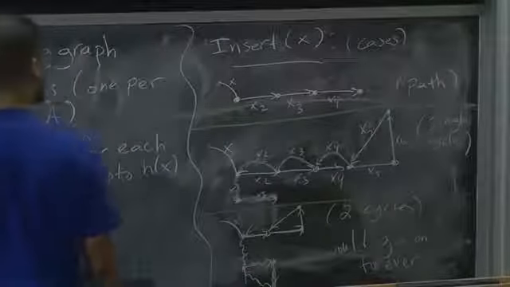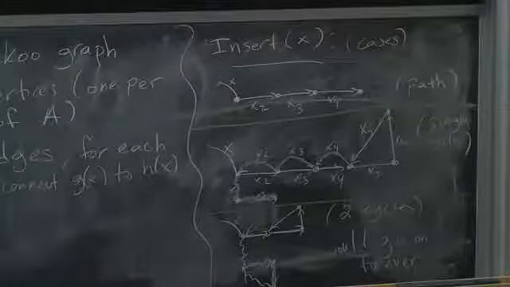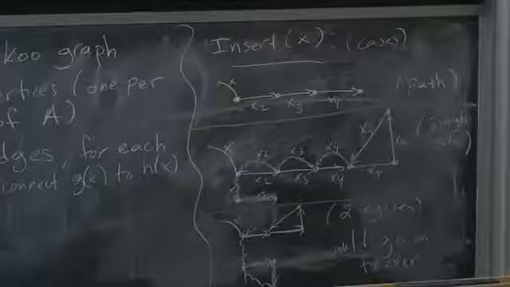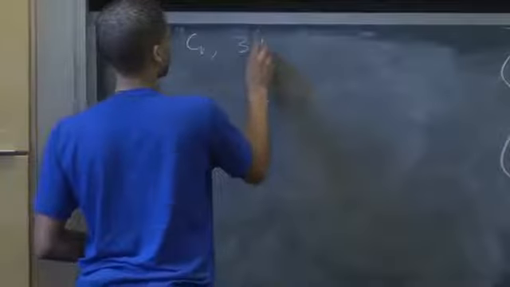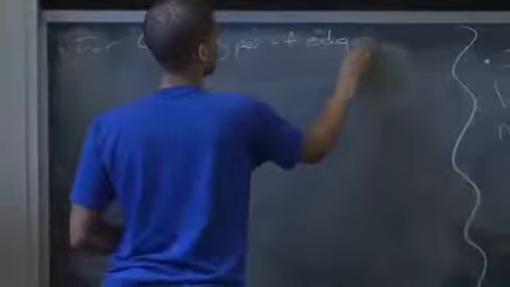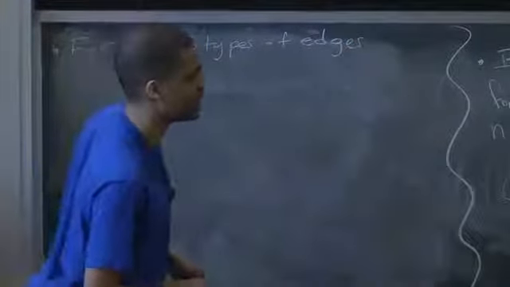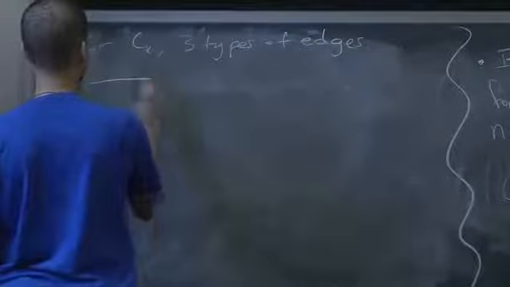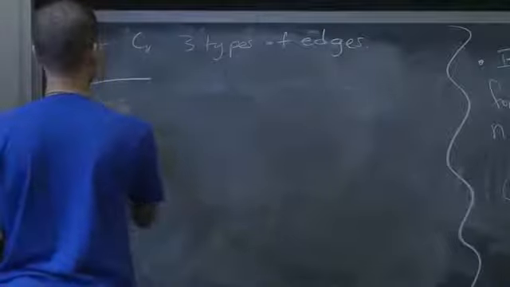Okay, so the point here is, you could redo the computation basically the same exact way I did it, but the main observation here is that for CK, there are three types of edges. Right? There's these edges, there's these edges, and there's these edges.